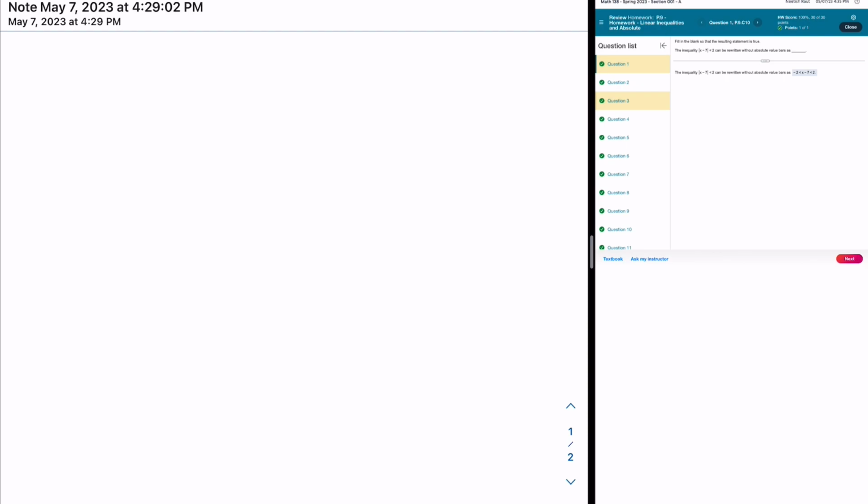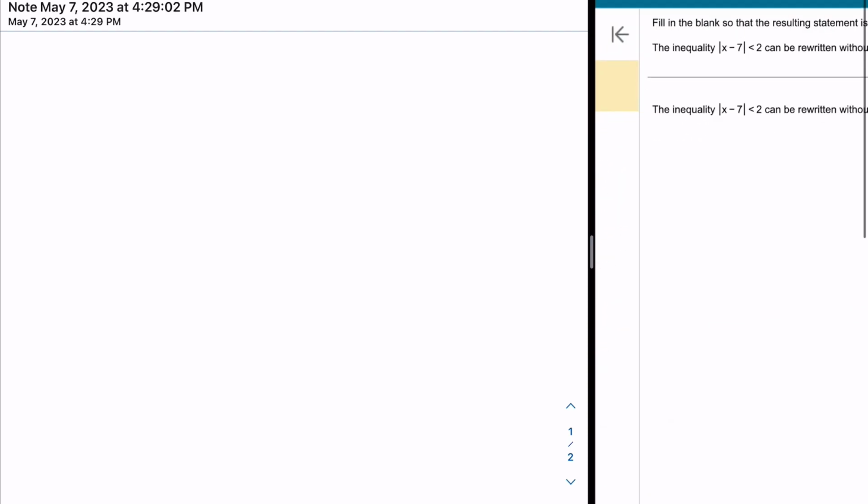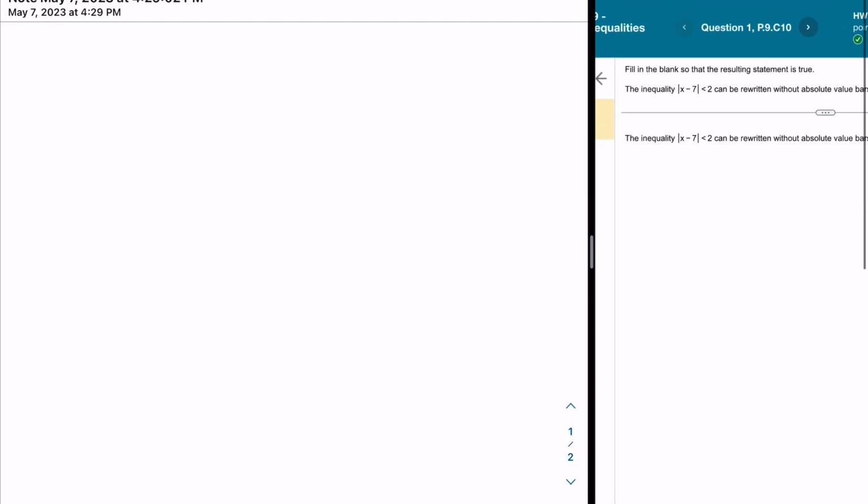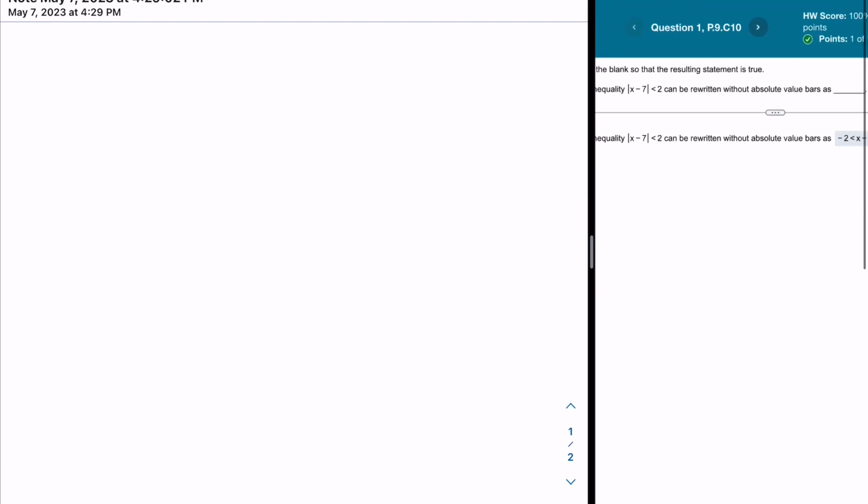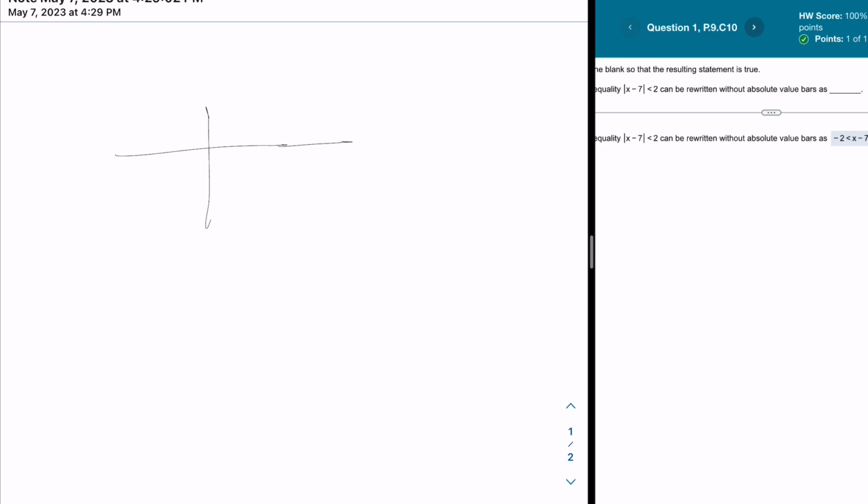Okay, so in this chapter we have inequalities and some absolute value. First let me try to make you understand what absolute value is. Absolute value is simply the distance from the origin.